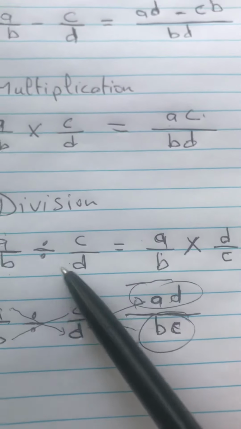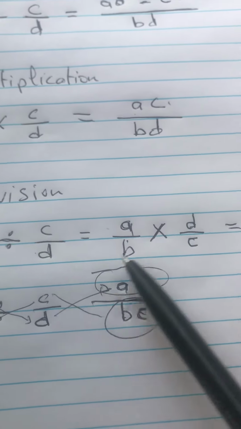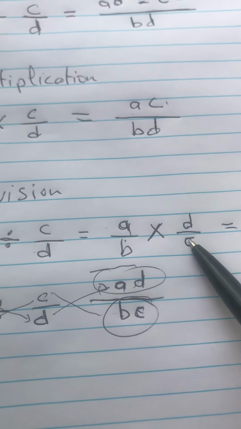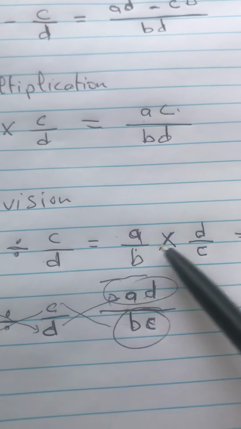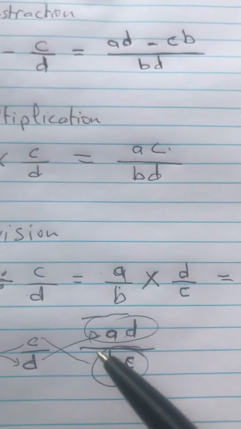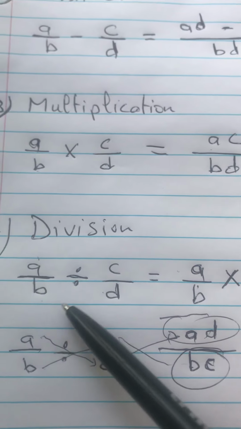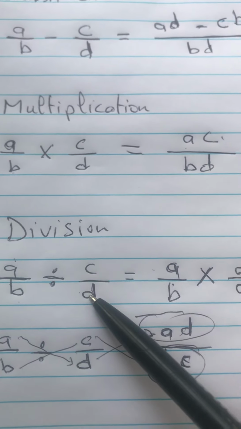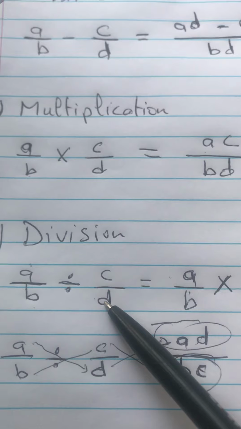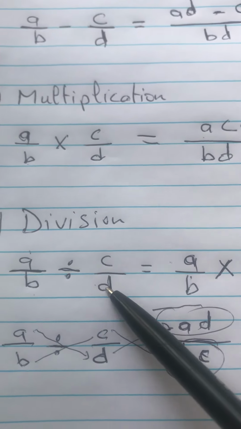In this case, we have c over d. We turn it into d over c. So a over b divided by c over d. These are letters, but you can replace them with any numbers and the rule is the same.